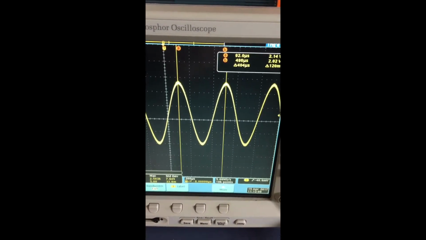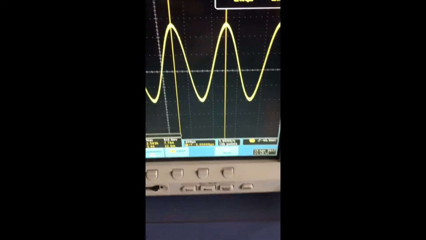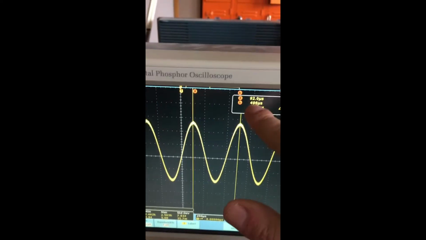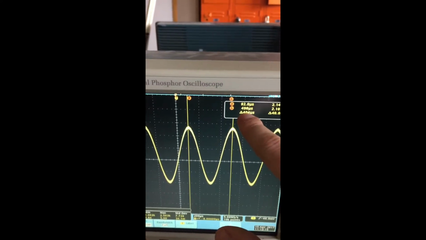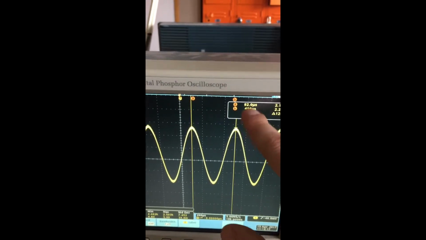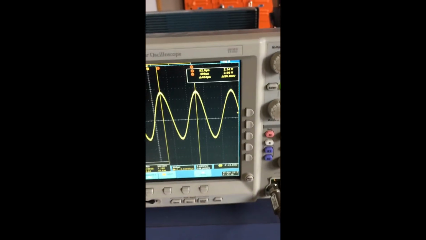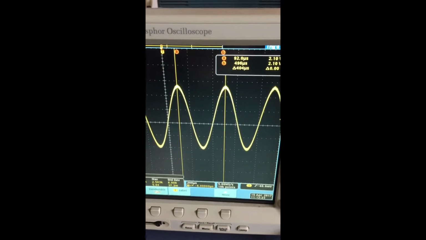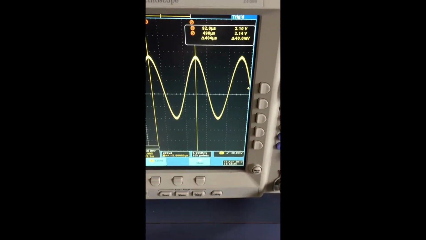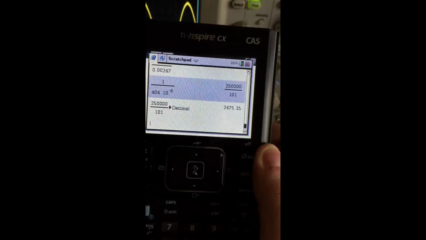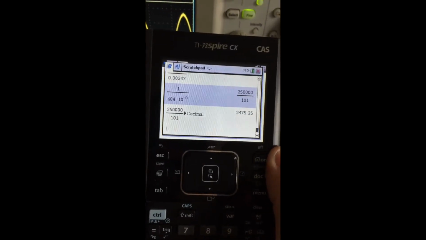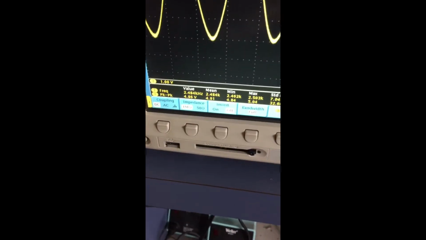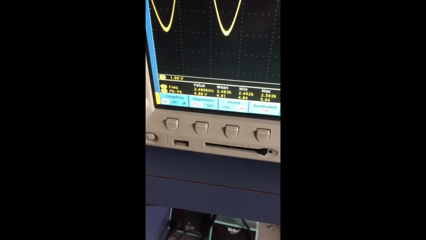And if you do the math, you can see here you've got the timing for B and A, and you can subtract those, and the frequency is equal to 1 over the period. If you do the math, as seen on my calculator, you get about 2.4 kilohertz, and looking at the measurement function, we have 2.4 kilohertz.